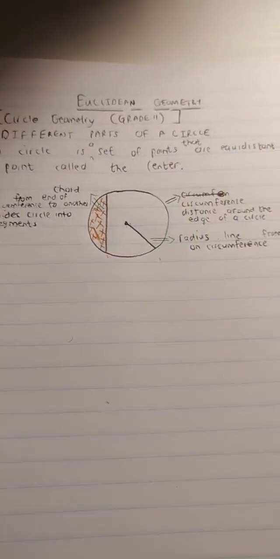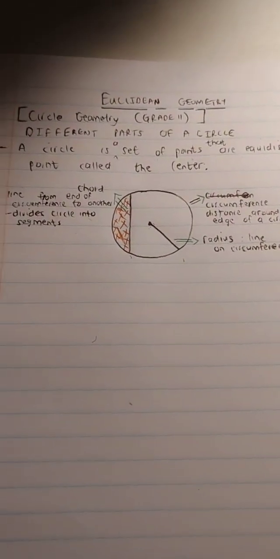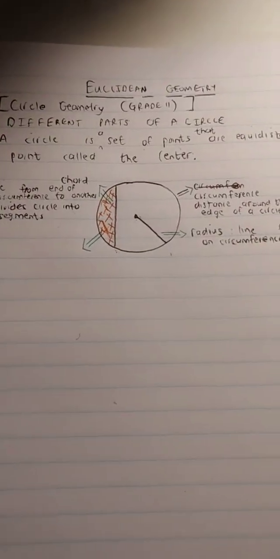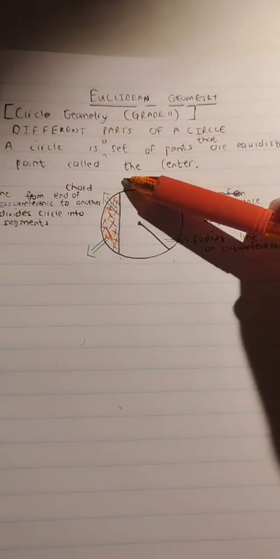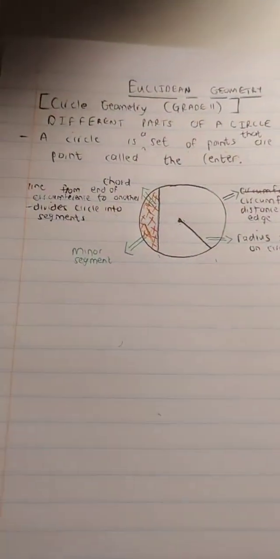So for instance, this region now that you see here, because like I said, what a chord does is it divides our circle into segments, we would call this a minor segment.